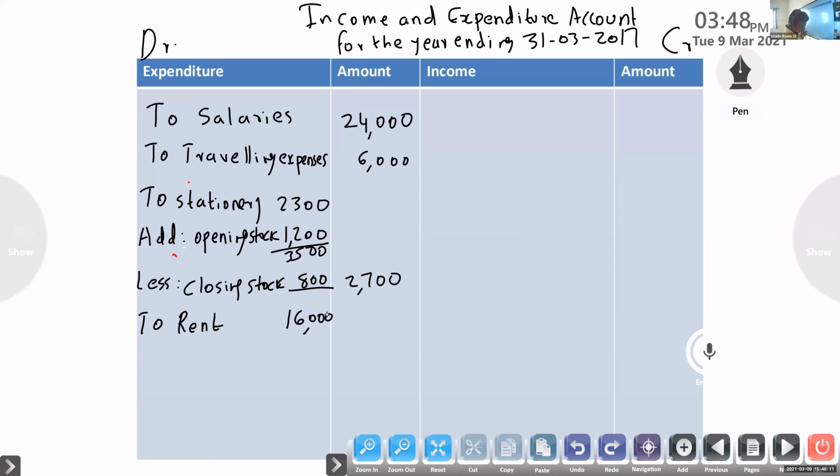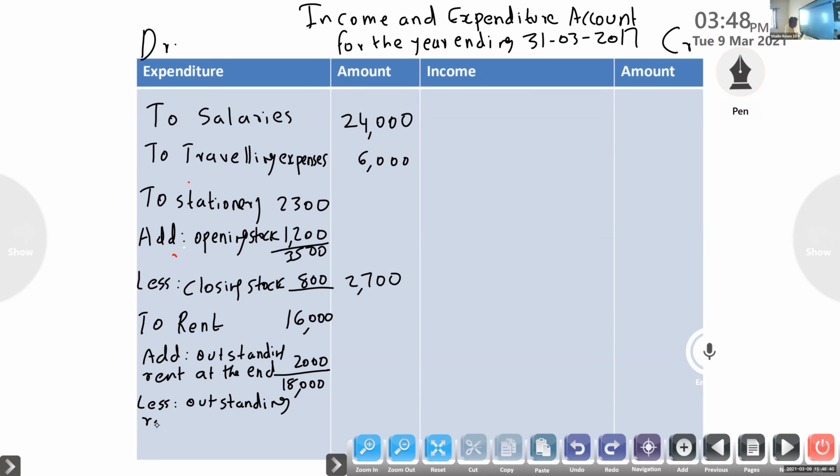Ninth question. So end add, opening less. Next, repairs, no adjustments.